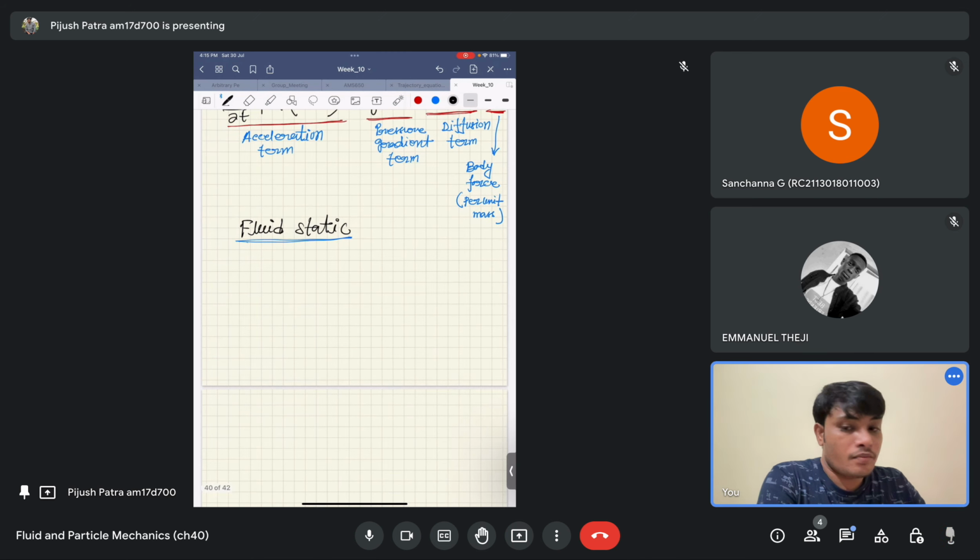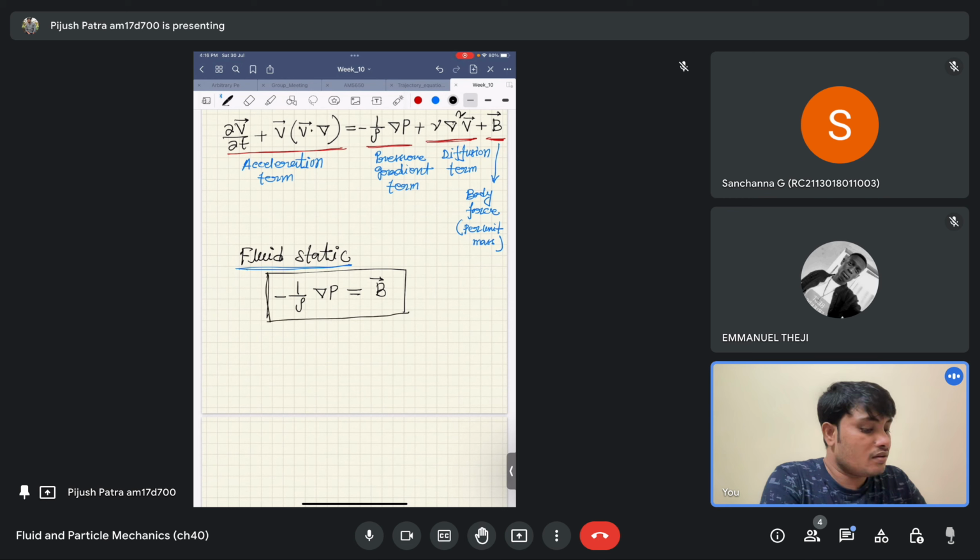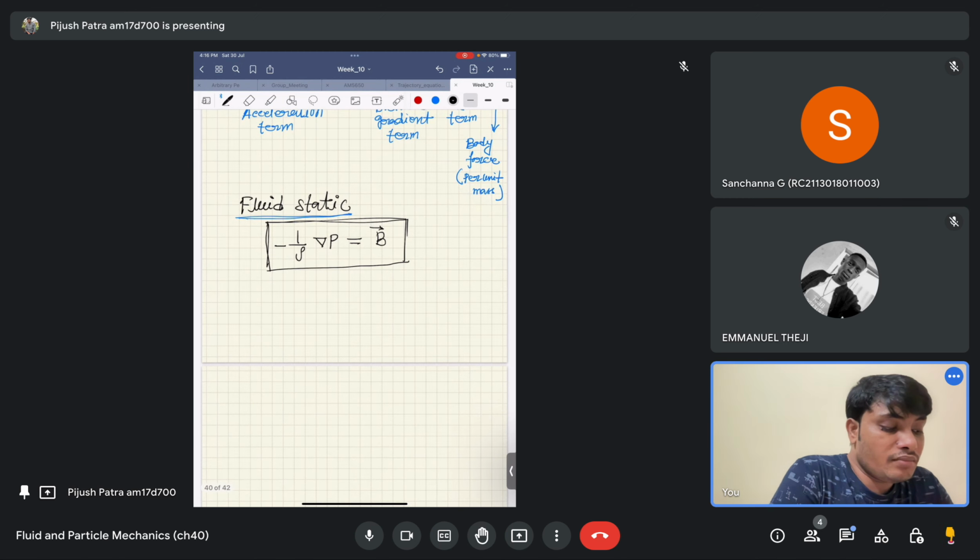So what is the equation for the fluid static? You can simply write that the body force B equals minus 1 by rho gradient of p. This is the equation for fluid static. You can write it in Cartesian form also.